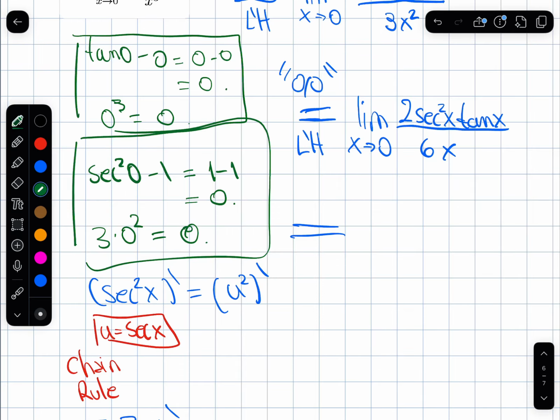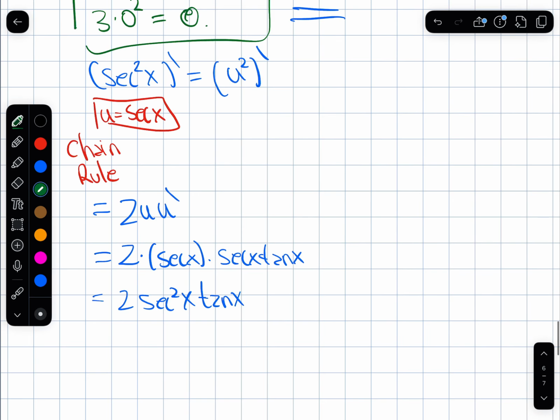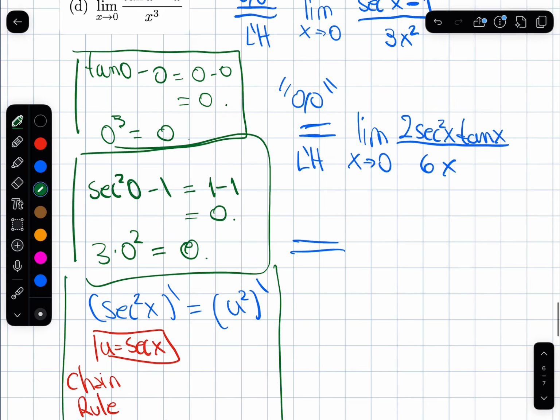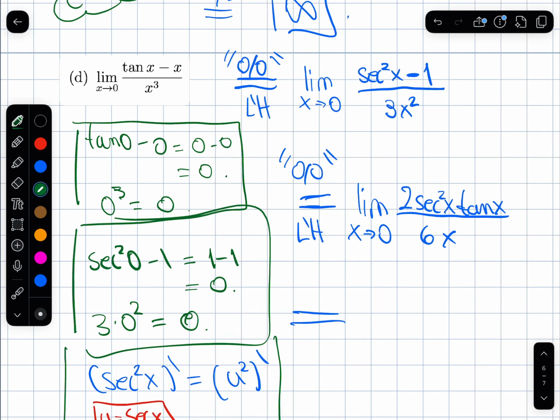I've used L'Hopital's rule twice at this point. Also box this, it's not part of the solution. And again, I want to plug it in, but you see the tangent of x here, and we know the tangent of 0 is 0.